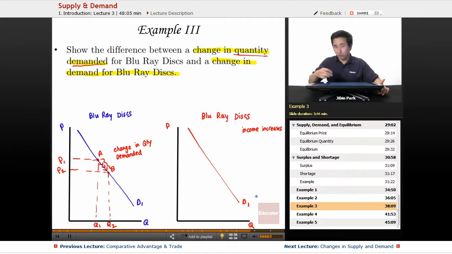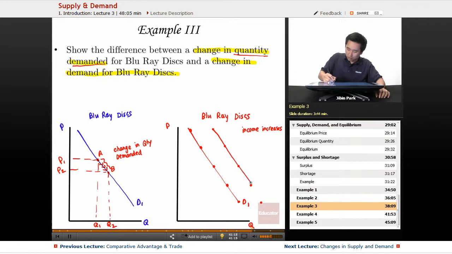So the real way of looking at this is demand curve is really composed of different points. So what ends up happening is that instead of at this price point, the quantity demanded is here. Instead of this price point, the quantity demanded increases here, and it increases here, and it increases here, and it increases here. And so when you plot the points, there's an increase in quantity demanded at every single point. So that's actually a change in demand.